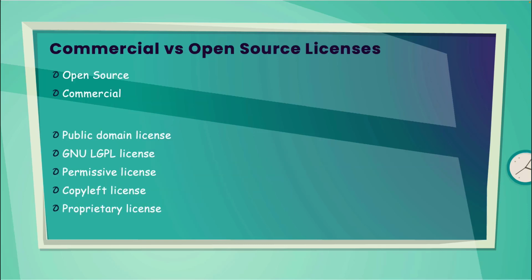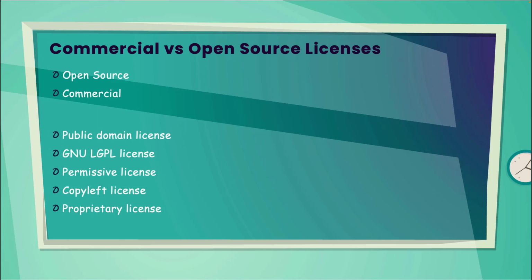There are two primary types of software licenses: commercial ones and open source. Commercial ones require a fee, meanwhile the open source are free to use. However, the open source software licenses do come with certain obligations. We have many types of licenses under both categories.